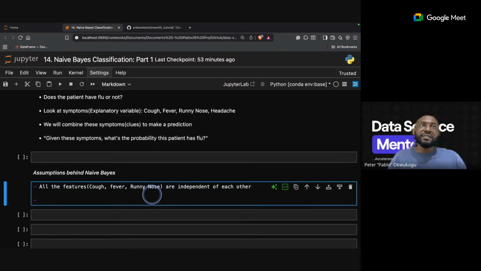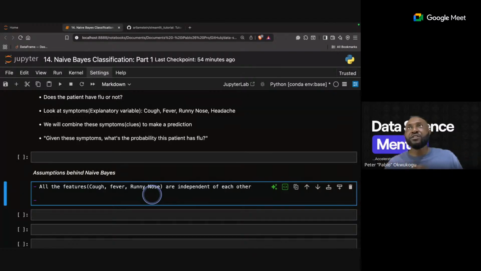Also, the second one is that, how do I look at this? I mentioned it earlier, it's like a question that says, how likely is it that the information we have belongs to, like the information we have is, does this person have flu?